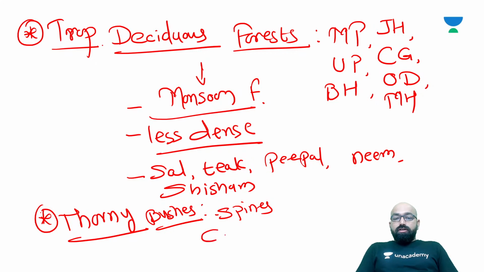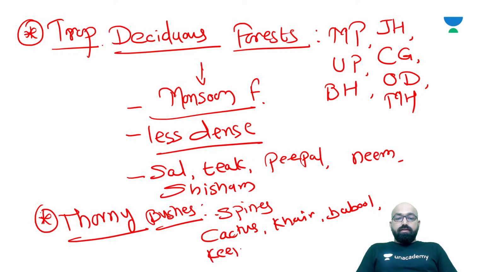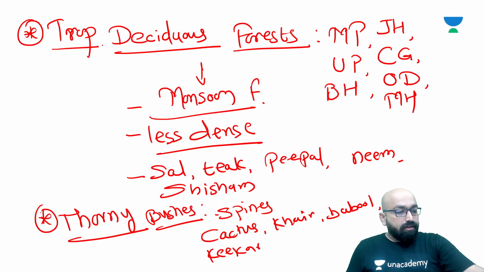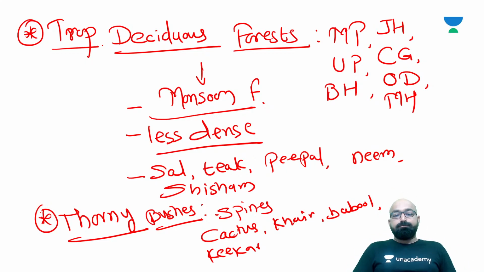So the cactus, babool, then kikar are important and are the important trees, or we can say the species.